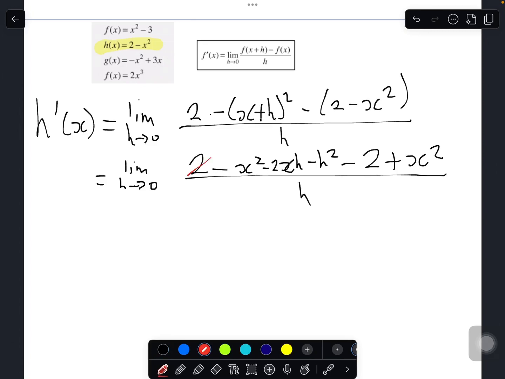This positive 2 will cancel off with this negative 2. This positive x squared will cancel off with this negative x squared. And I'm left with negative 2xh minus h squared, right?